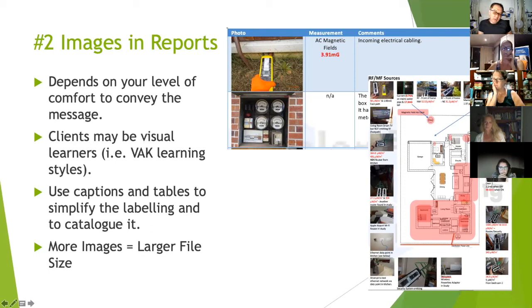If I locate something through the observations and I have a photo of that, I won't necessarily list it as a hotspot, but I may have another floor plan that illustrates, hey, this is the living room, this is the outdoors, this is the meter box outside, and I'll have an arrow here, as you can see, pointing to the location where there is that antenna or a meter box or a water pipe.